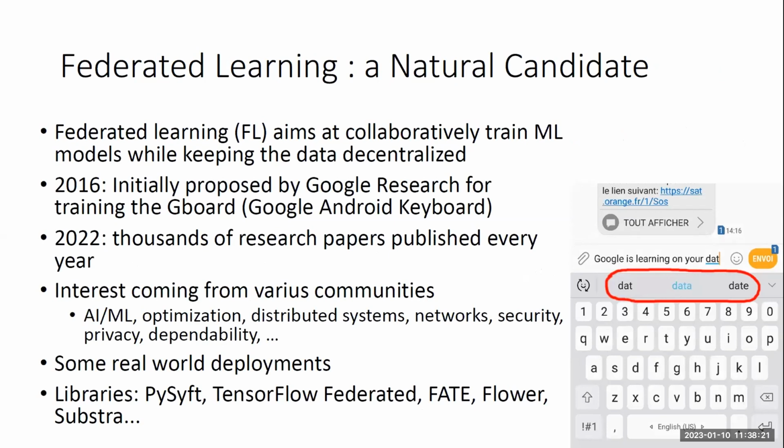So now comes federated learning, which appeared a couple of years ago. Well, the trend was already existing in the machine learning community. There have been many works towards distributed learning and so on.